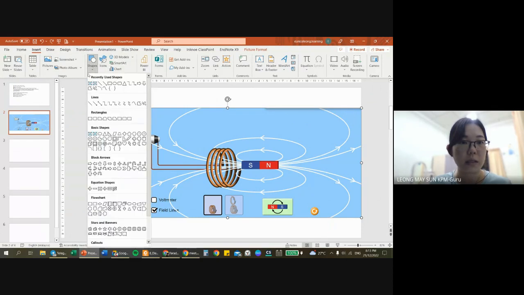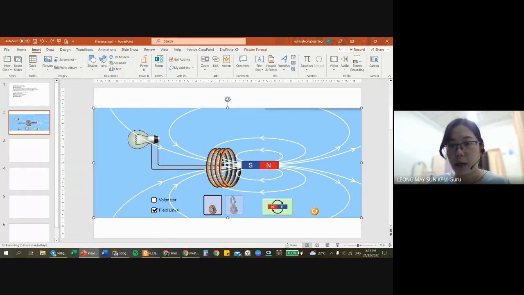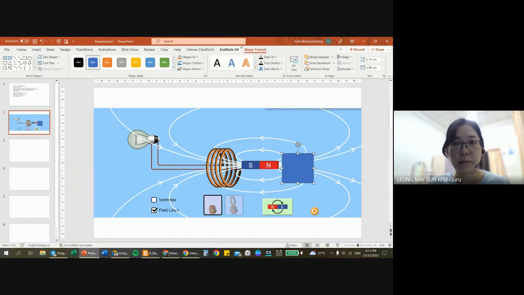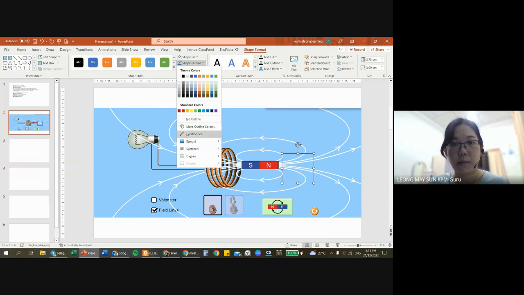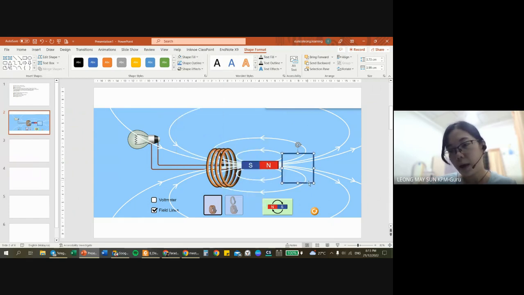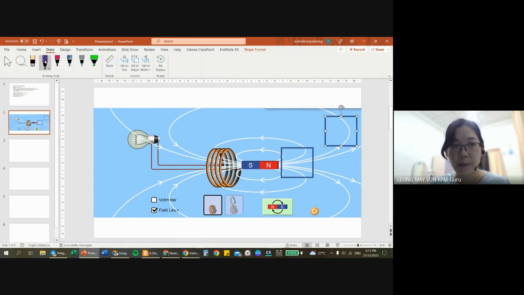If I take a cross-sectional area at this position, the number of magnetic field lines per area is stronger compared to the magnetic flux at this area, area B. Area B has very few magnetic field lines, so the magnetic field strength is weaker.